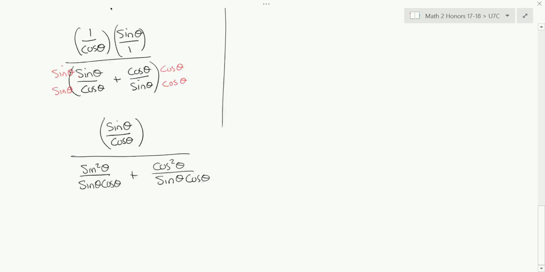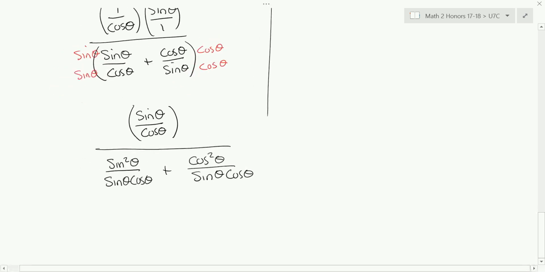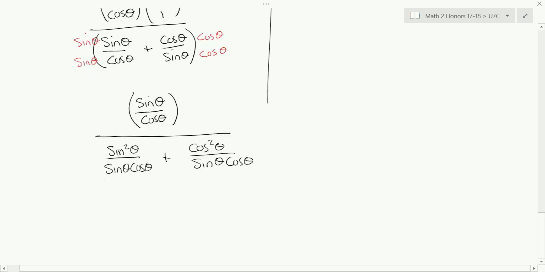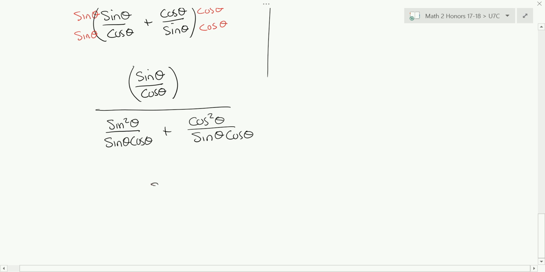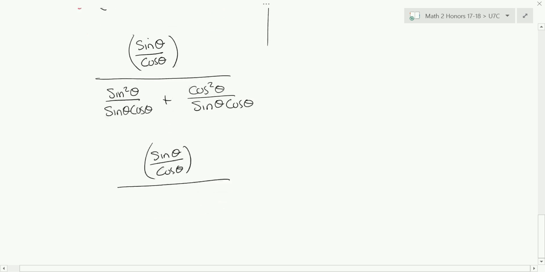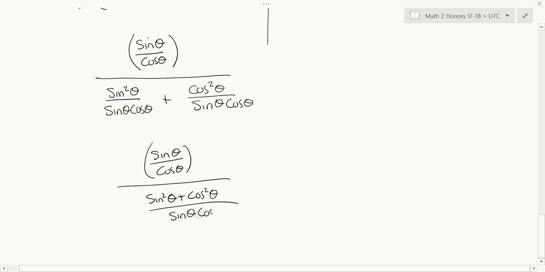Because now we have two fractions that have the same denominator in the bottom of a bigger fraction, right? And we can add those together and get sine theta over cosine theta, numerator stays the same, over sine squared theta plus cosine squared theta all over sine theta cosine theta. We're making progress.